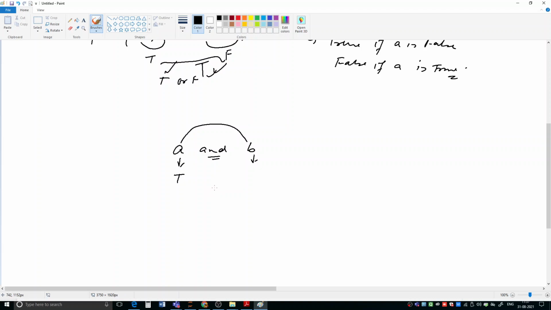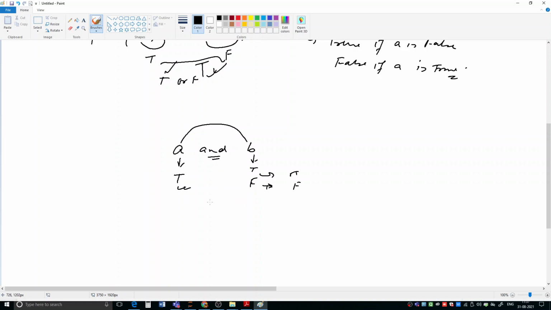Yes, it is required, because in case of AND operator, it will give you true only if both of them are true. We have got true here, but again we have to check whether this is also true or not. Now its value depends upon this one. If it is true, then we will get true. If it is false, then we will get false. So we need to evaluate this also.